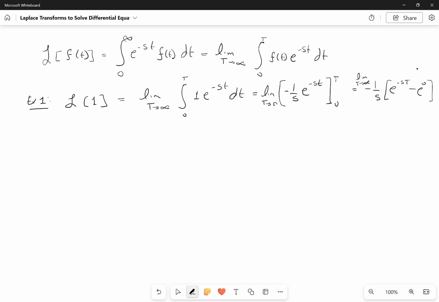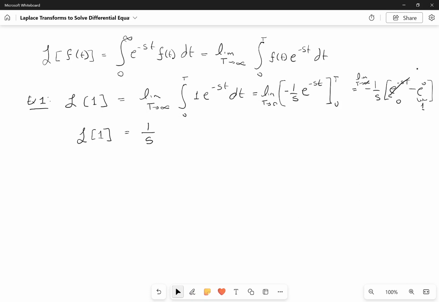Now I'm going to make a mistake just for simplicity, but this term, e to the negative infinity, goes to 0, and e to the 0 is 1. So we have negative 1 over s times negative 1. That means the Laplace transform of 1 is 1 over s.